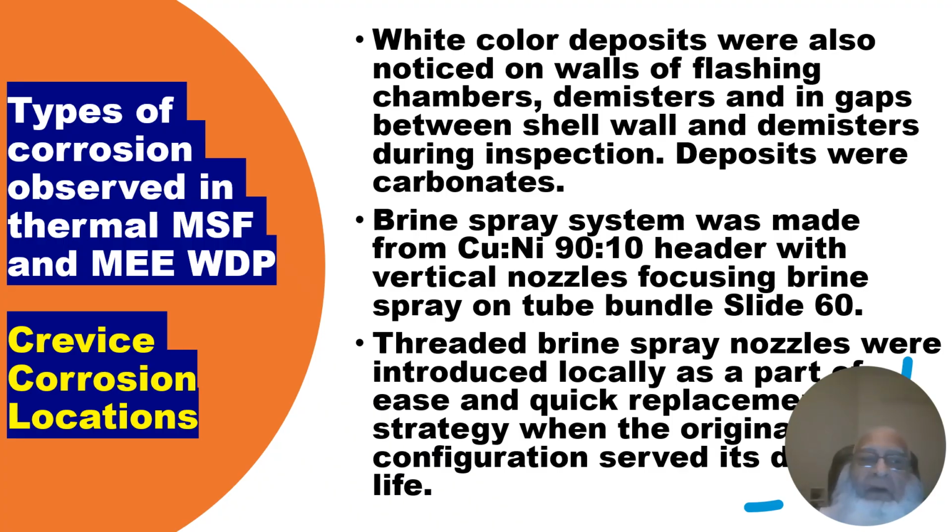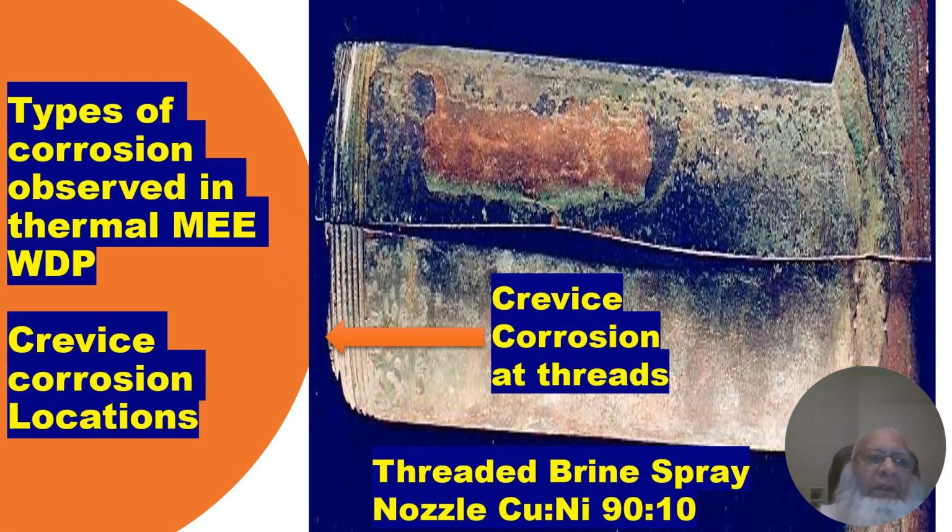Threaded brine spray nozzles were introduced locally as a part of an ease and quick replacement strategy when the original welded configuration served its design life. This slide is a continuation of the previous slide where we said that the slides will come which show the exact location of the crevice corrosion in MEE water desalination plants.